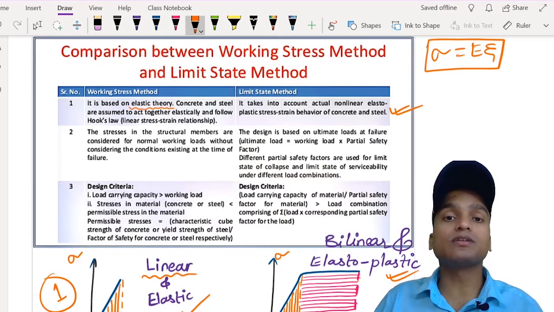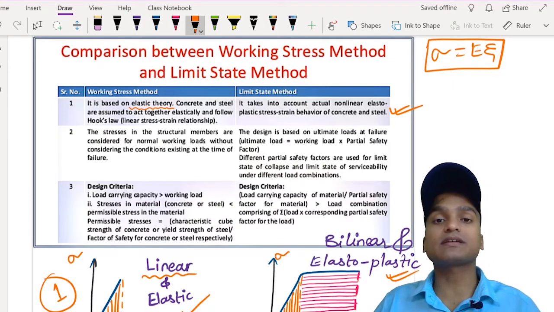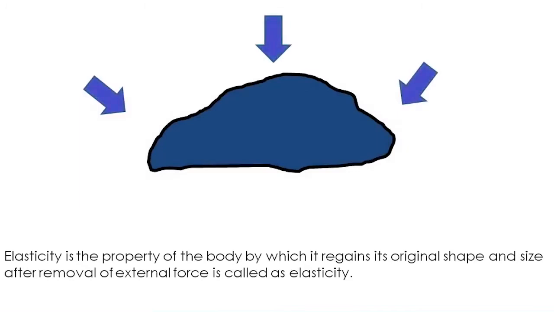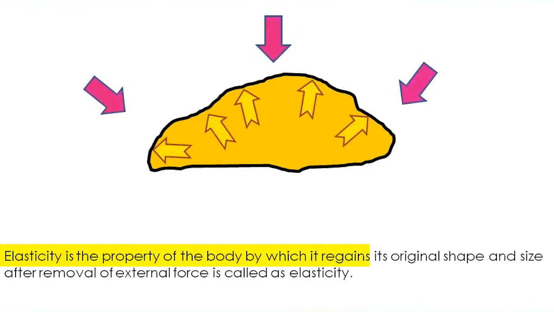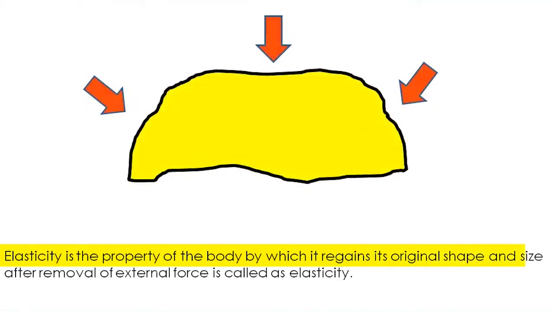So let me tell you the difference between elastic and plastic. The very basic definition of elasticity of a material is that if we apply a force on it, the material will deform. And if we remove the external force, the material will try to restore its original shape and size from the deformed size.